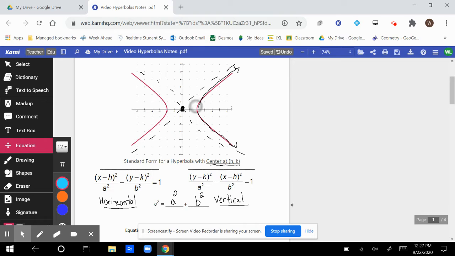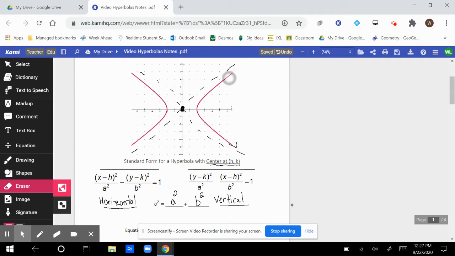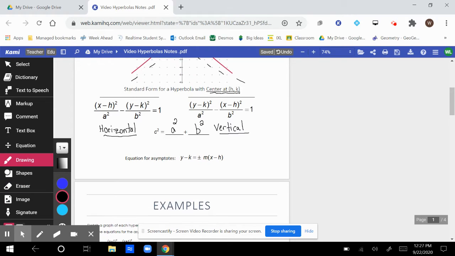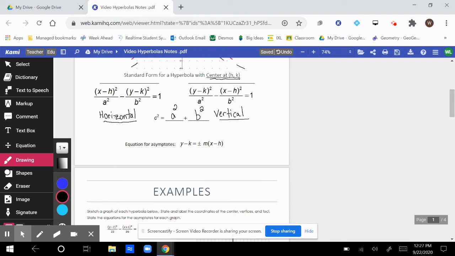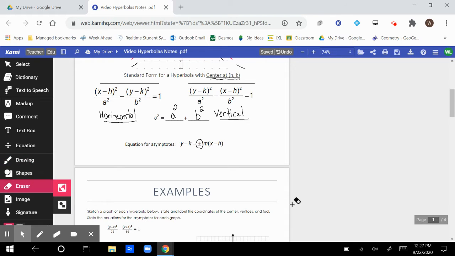All right, and now what are the equations for your asymptotes? You're going to be asked what are the equations of the two asymptotes. There are two of them, right? And they cross and form that X. And that's reflected by the plus or minus. A plus or minus should tell you that there are two asymptotes.